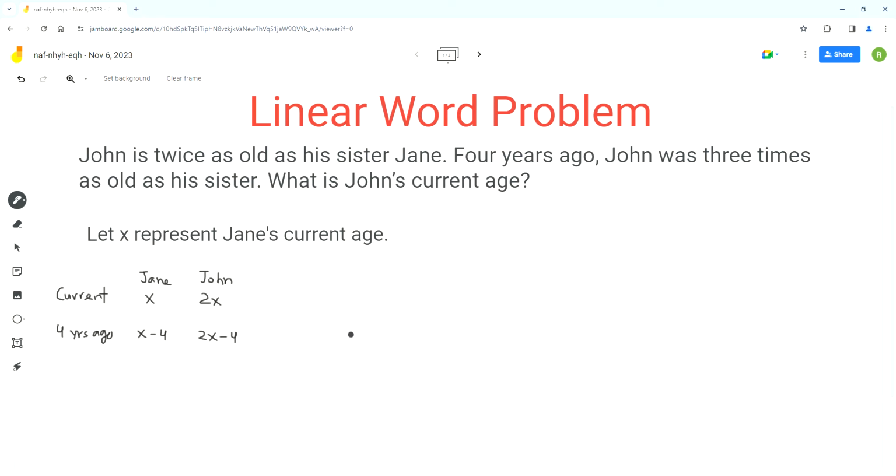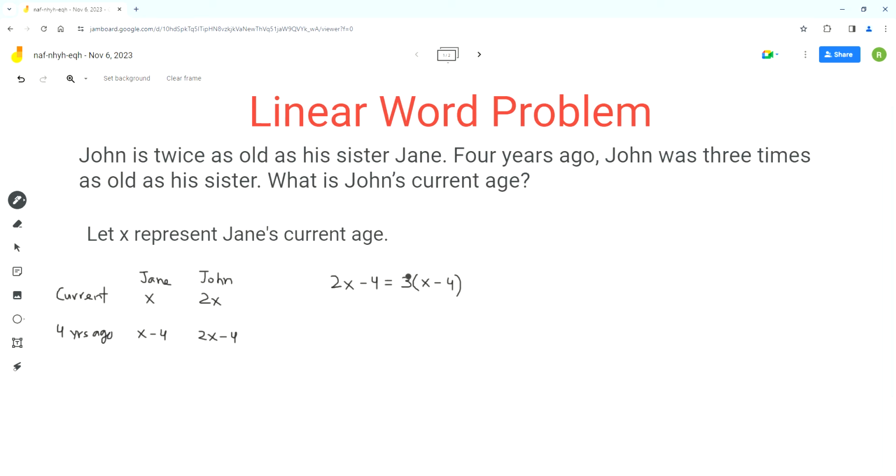So the equation will be, John's age 4 years ago was 3 times. So we'll multiply Jane's age by 3. So this is the equation we have to solve to find the value of x.